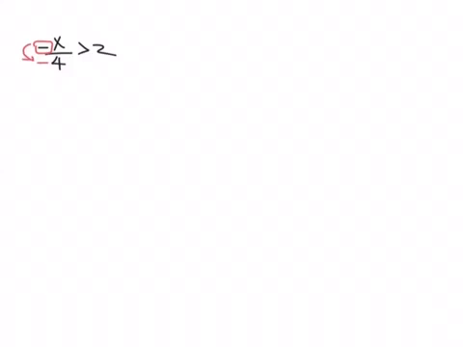If the x is negative, make the other number of the fraction negative so that the x can be positive, so you don't have to deal with a negative x at all. Now I have x over negative 4 is greater than 2. How do I get rid of that negative 4? I multiply both sides by negative 4.